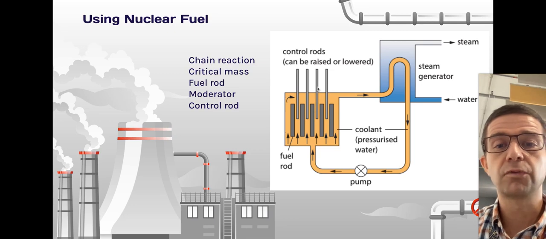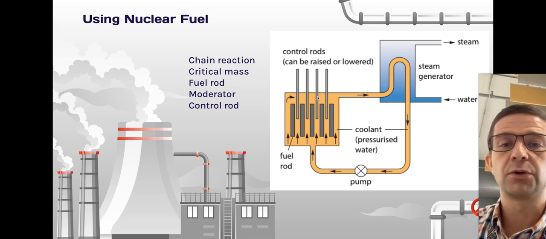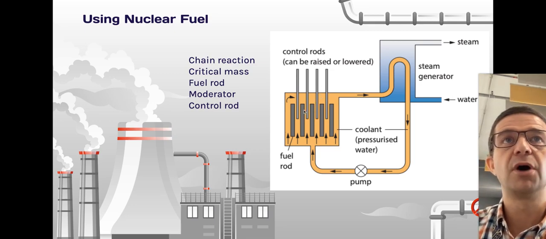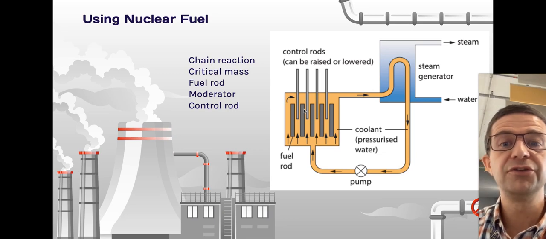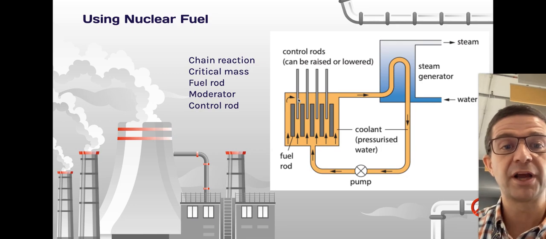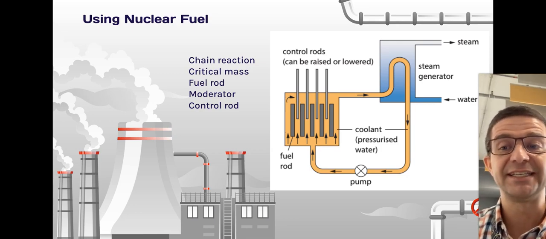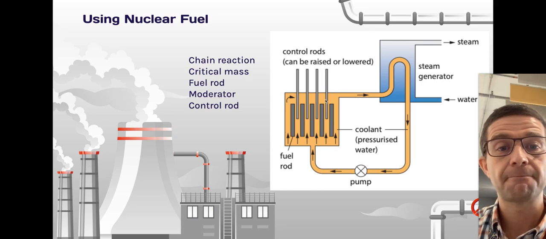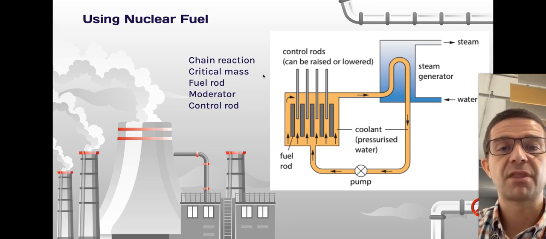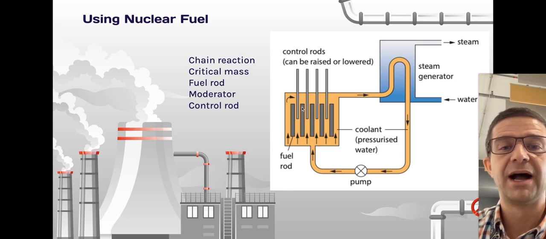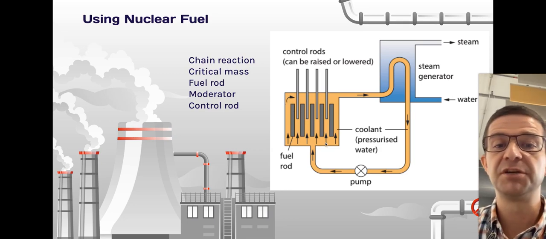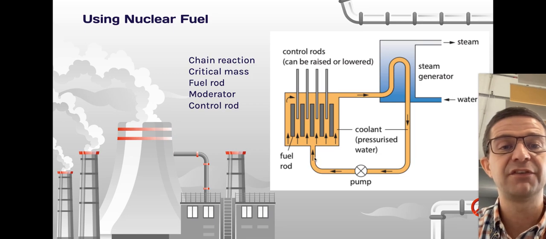The control rods that can be raised or lowered are going to absorb those neutrons and prevent that chain reaction from running away and producing too much energy such that it damages the power plant. The term critical mass refers to how much of the fissionable material you have inside of the fuel rods.